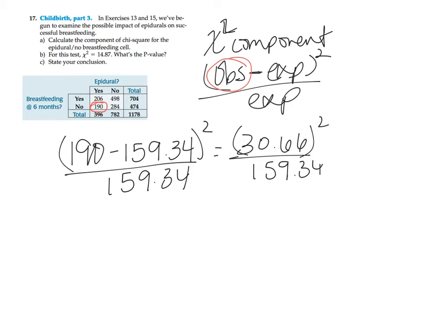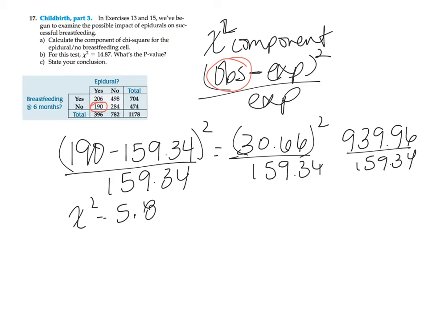I get 939.96 divided by 159.34, on my calculator, and I get that chi-squared is 5.899, and it tells us that's just for this one cell.